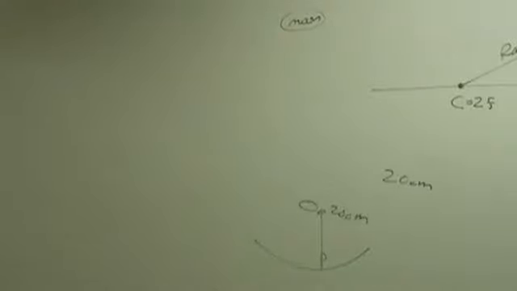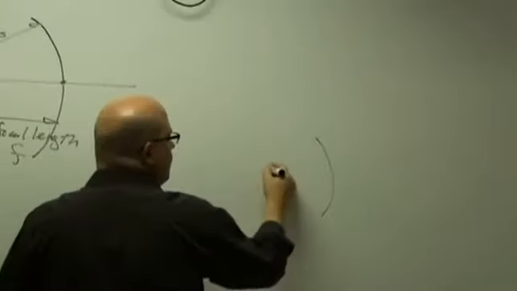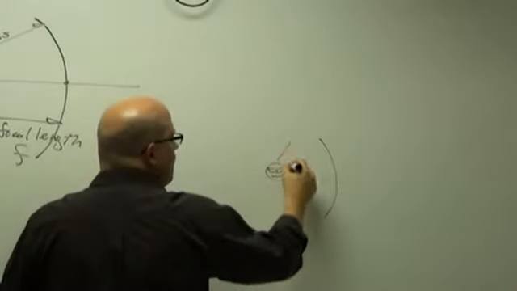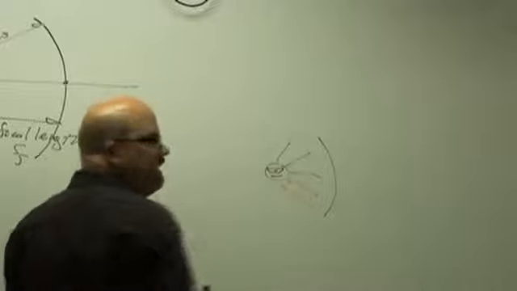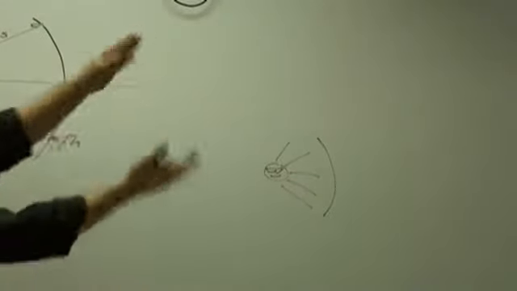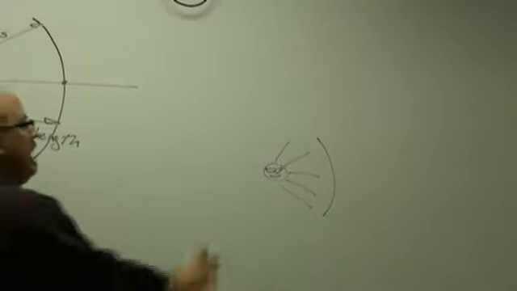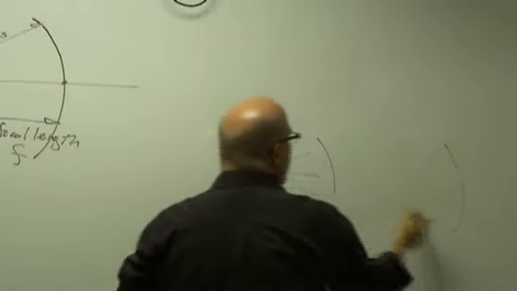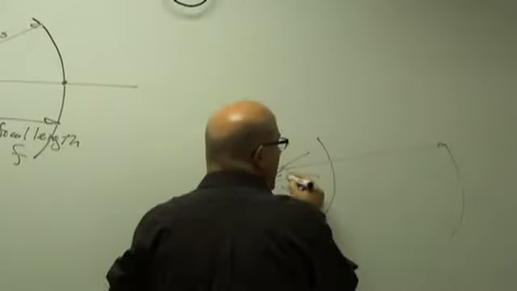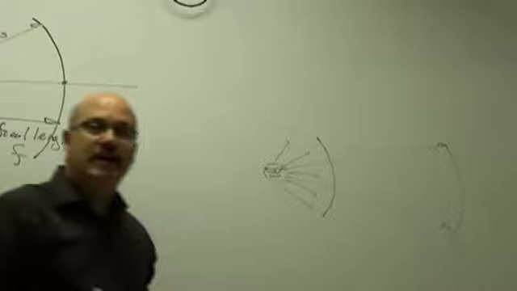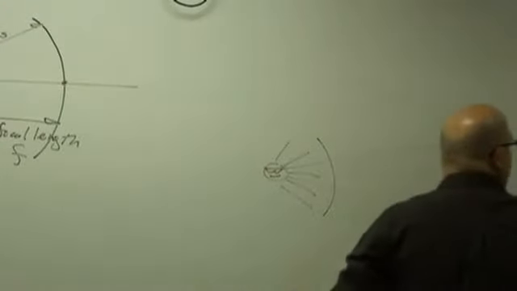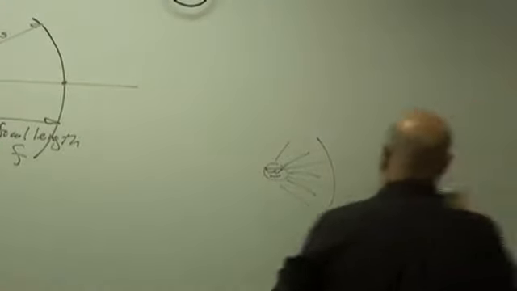Does everybody see that if I have a mirror right here, and the sun is right here, light rays from the sun that hit this mirror are at wide angles? But as I move the mirror farther away from the sun, the angle that hits the mirror gets smaller and smaller.